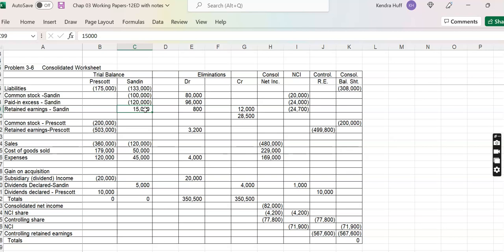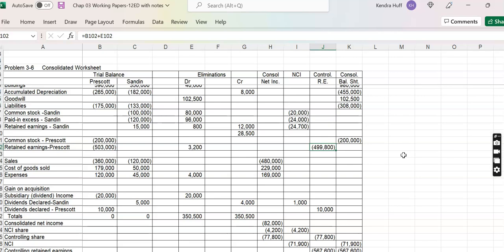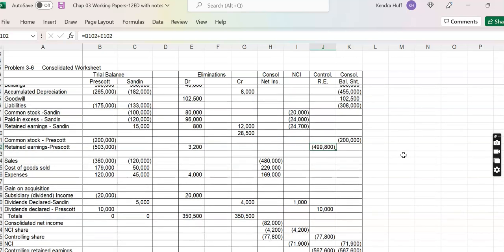So it's just going to start with 3,000. And then the parent starts with the 499.8. All right, that's it.